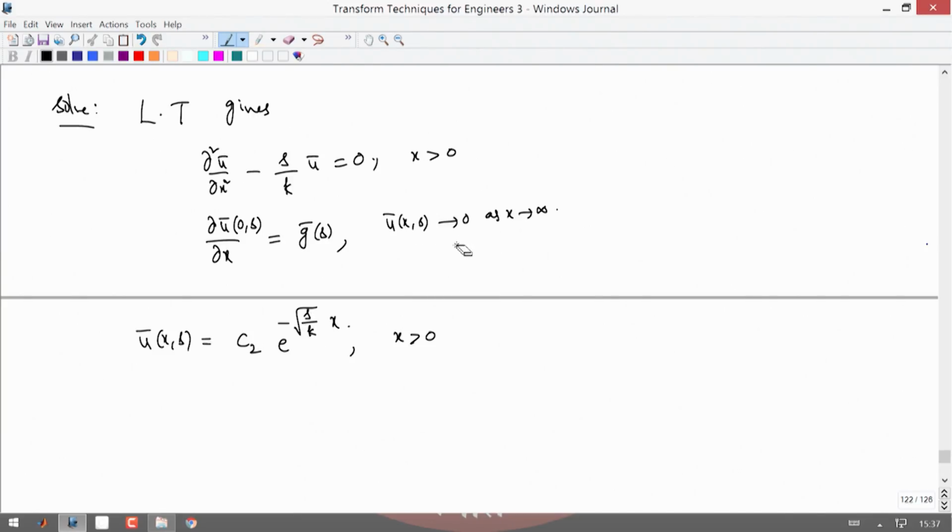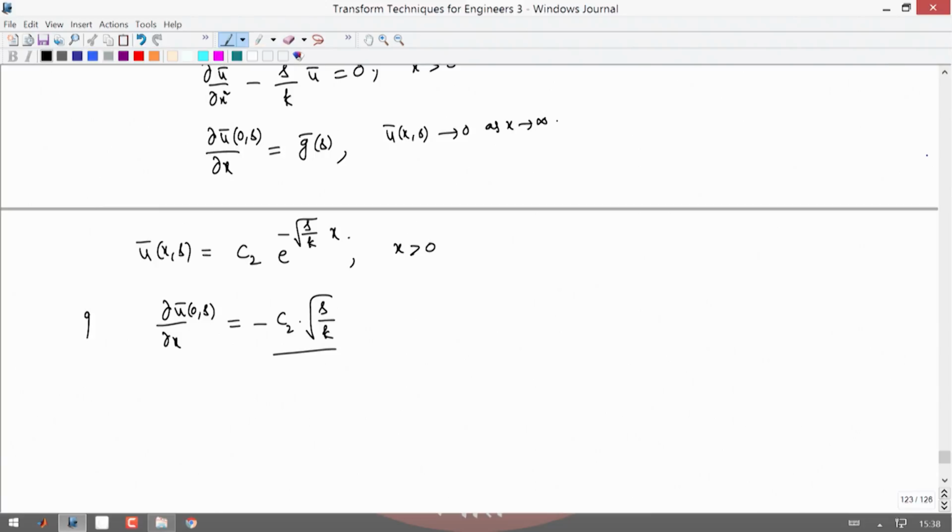Now apply this boundary condition: dou u bar by dou x at x equal to 0 is equal to C2 times, when you differentiate this and put x equal to 0, minus root s by k times e power that, which becomes simply 1. So this is equal to g bar of s.